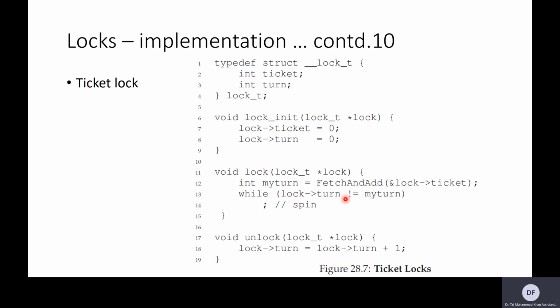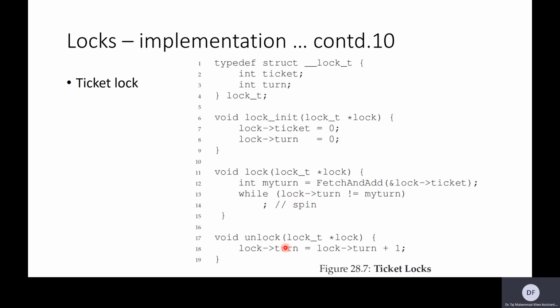Once the value of lock turn becomes equal to my turn, this condition becomes false, we exit the loop, our lock function returns and we can enter the critical section. The unlock or release function just increments the value of turn by 1.